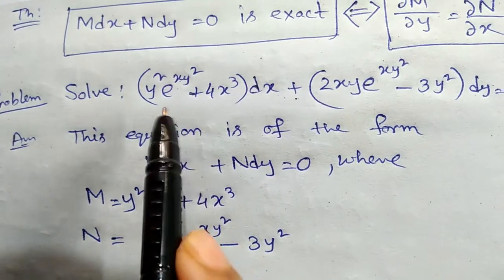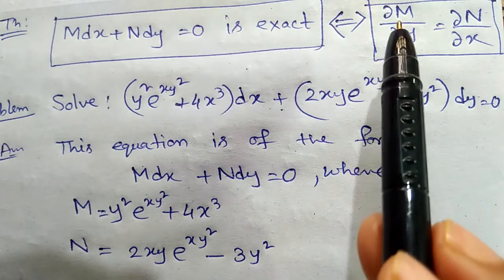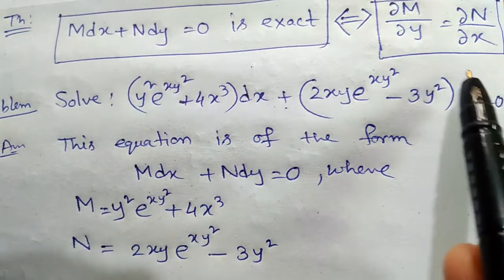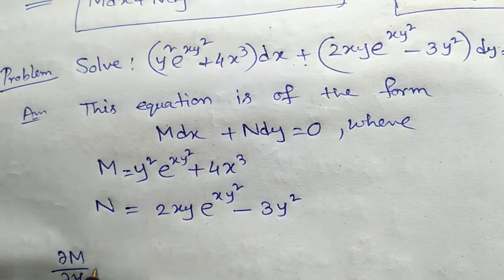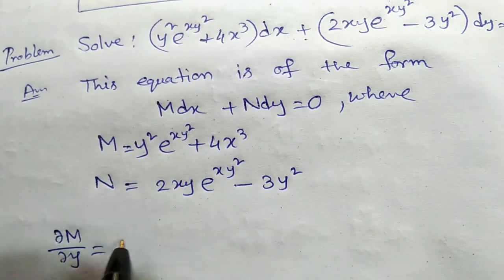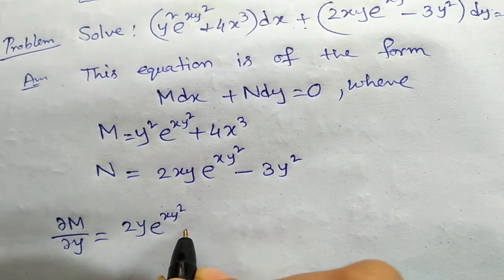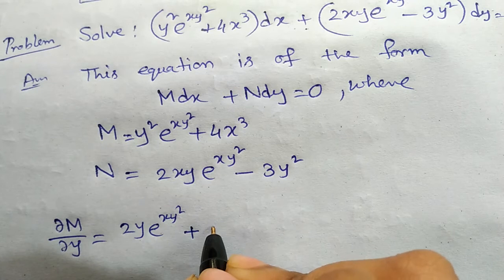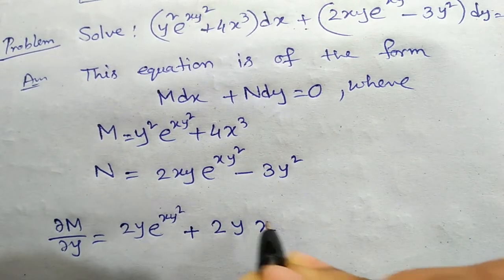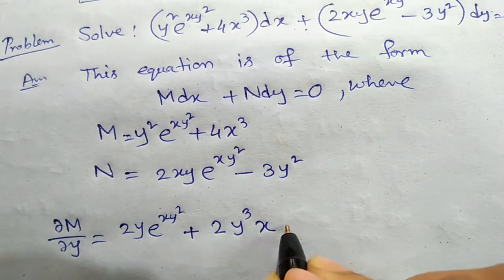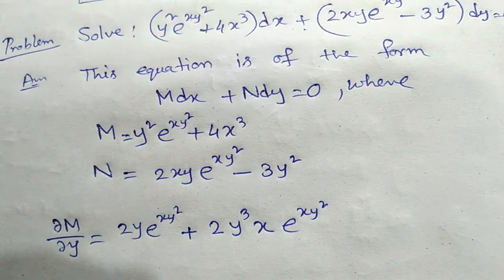To check whether the given equation is exact or not, we have to find del M/del y and del N/del x. So del M/del y will be 2y e to the power xy squared, plus the remaining term.